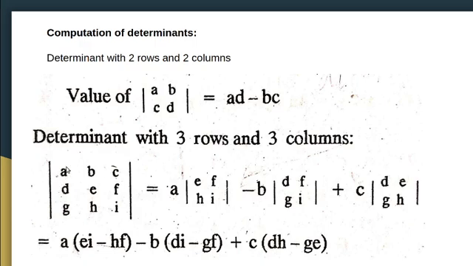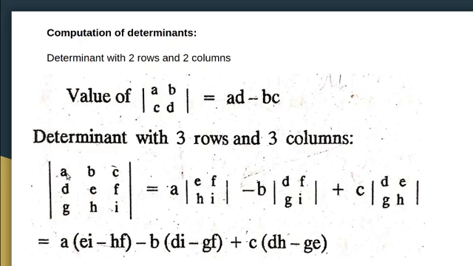So strike off this row and strike off this column. Then you have to find the determinant of the remaining elements, E F H I.